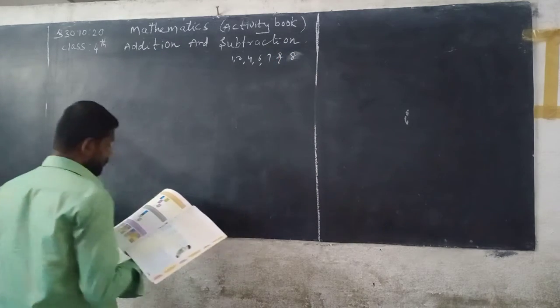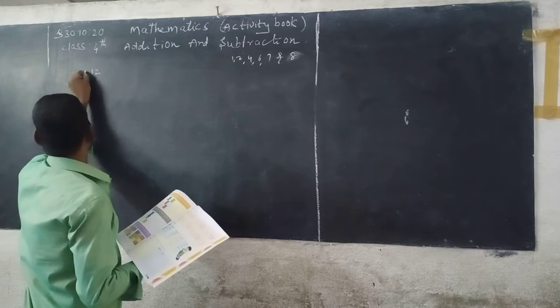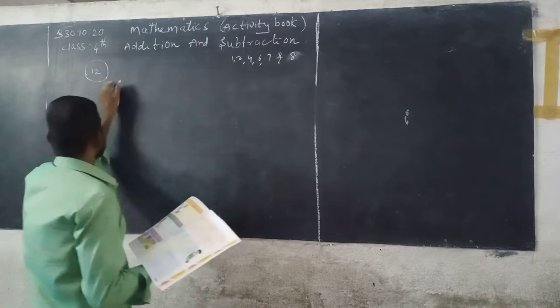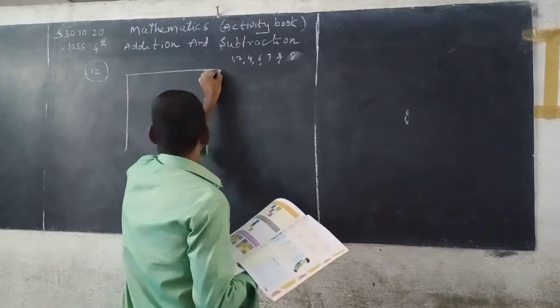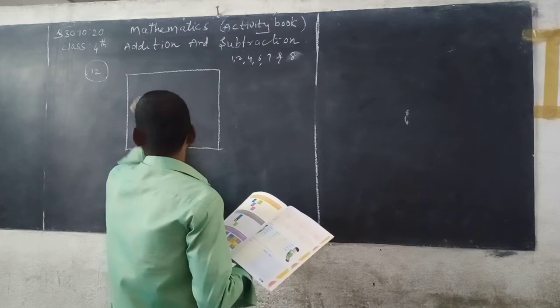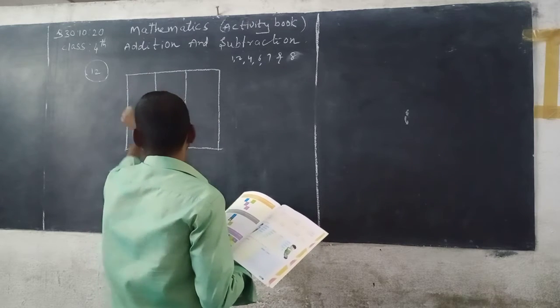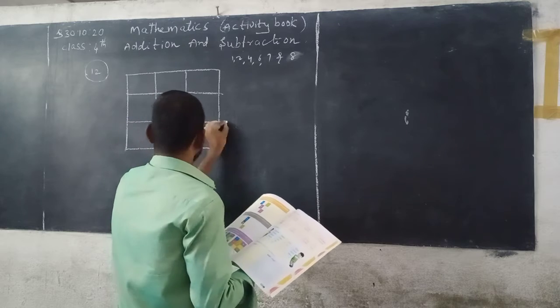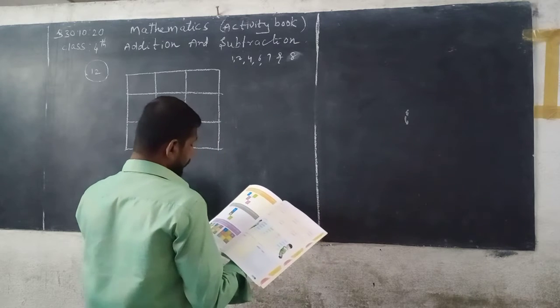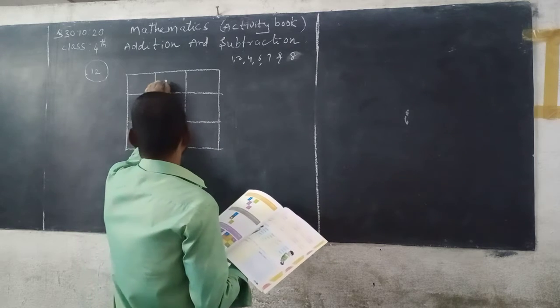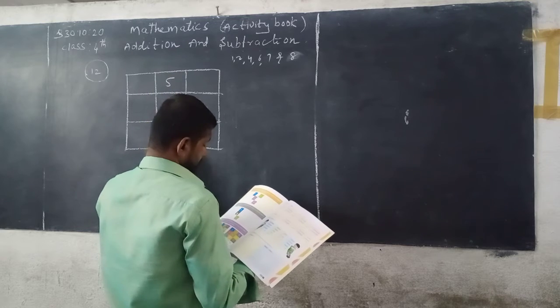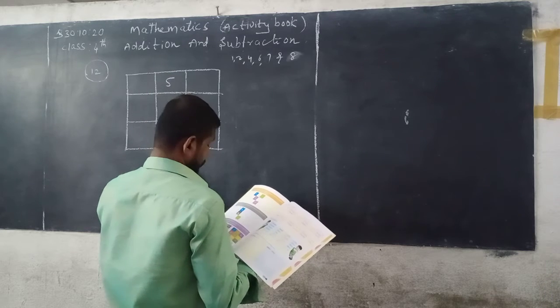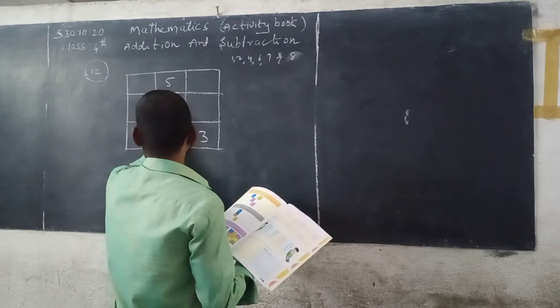So each side of the square adds up to 12. 5, 3. So there is no number.